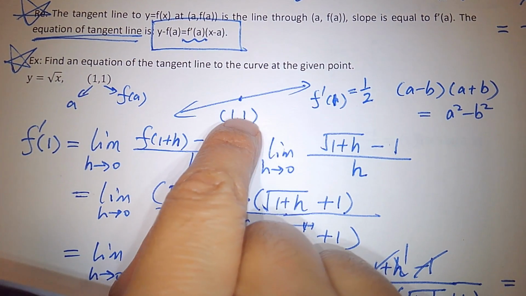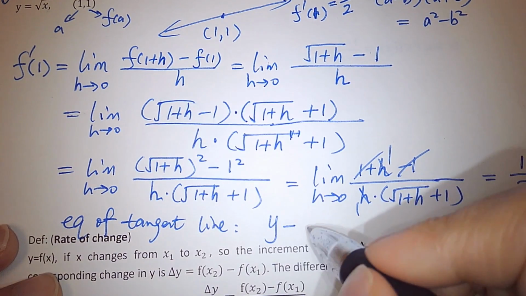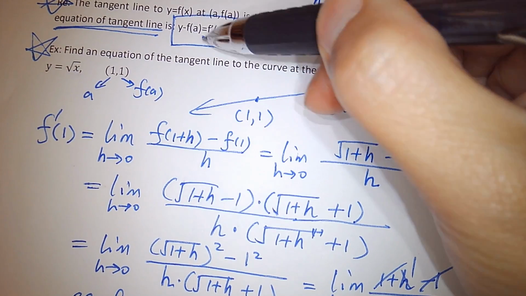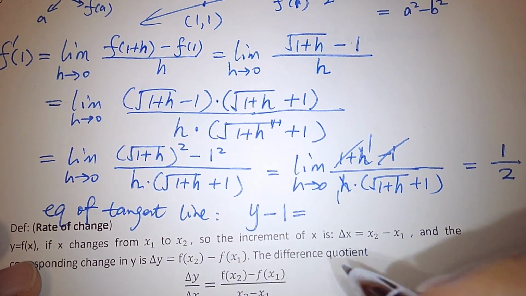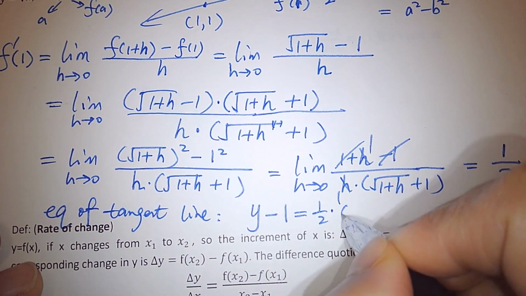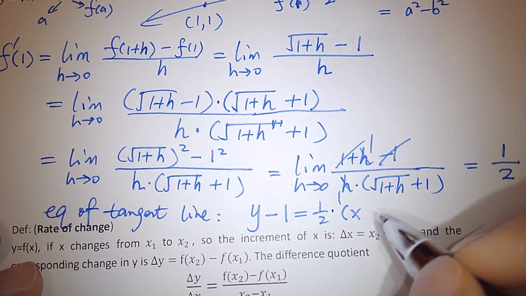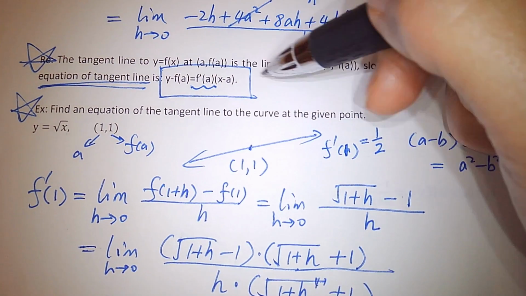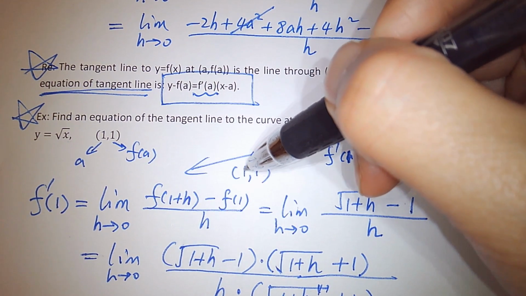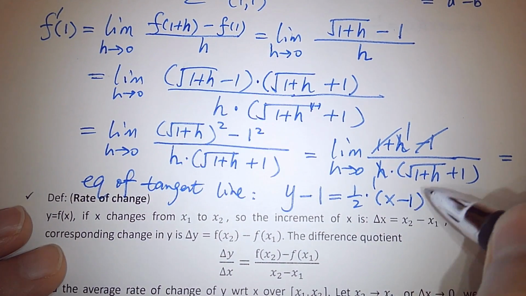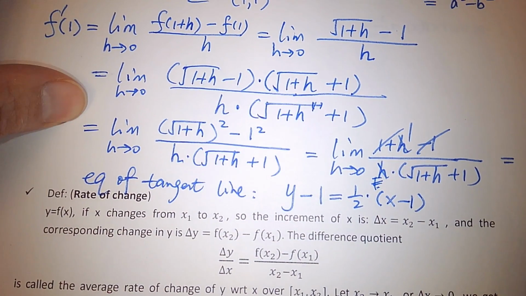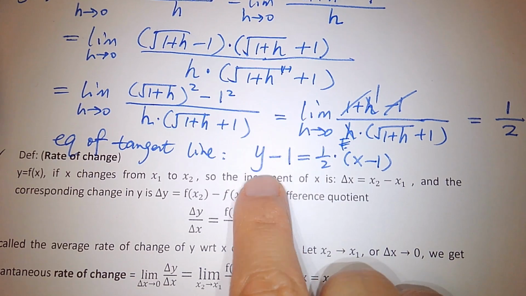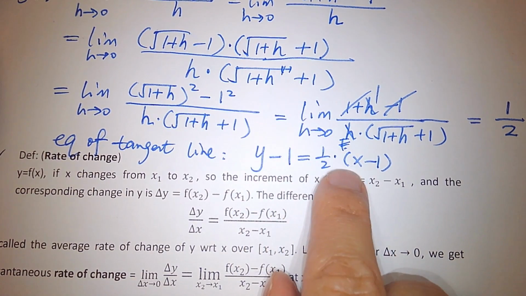The y coordinate, right, which is 1, equals slope of the line, what is that? 1/2 times x minus what? a. What is a? The x coordinate of the point, what is it? Still 1, right? This 1. Right? So the tangent line looks like this: y minus 1 equals 1/2 times x minus 1.